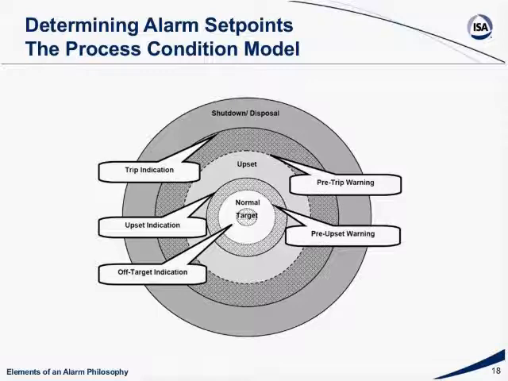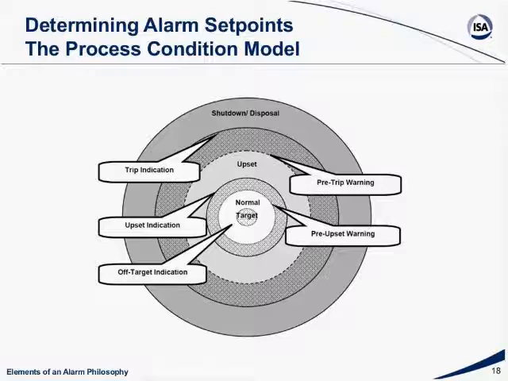This is going to be the higher priority alarm. Once again, you've got a process upset, so you initiate a high or low alarm so the operator responds more quickly to get the system back to normal operating. And if you can't do it by that point, your shutdown system will take over and shut the unit down safely for you.